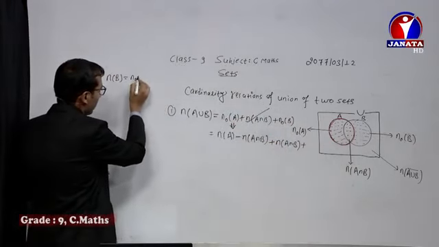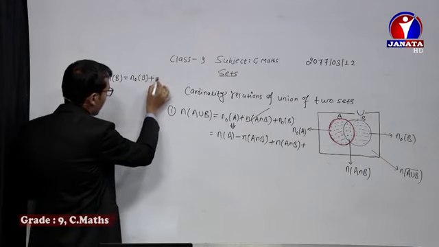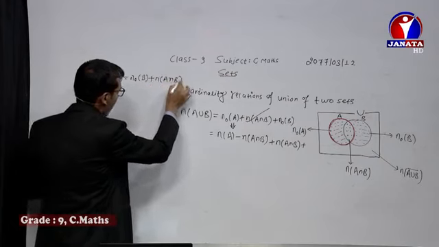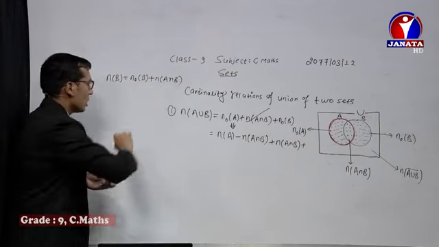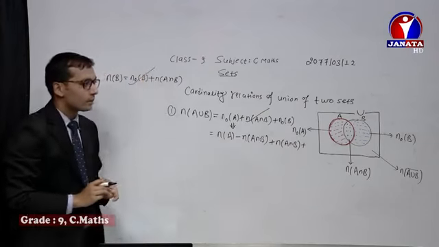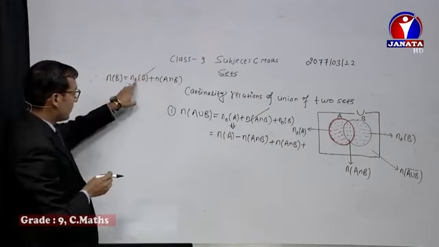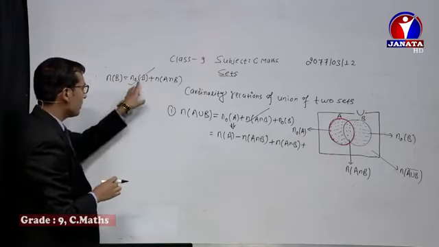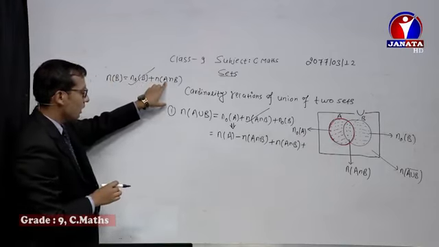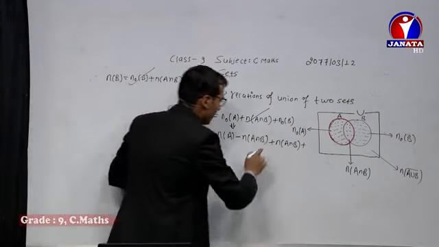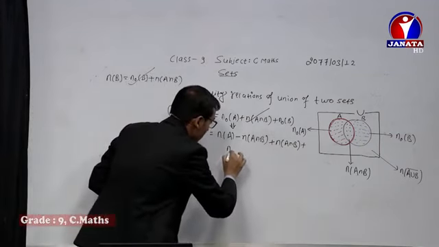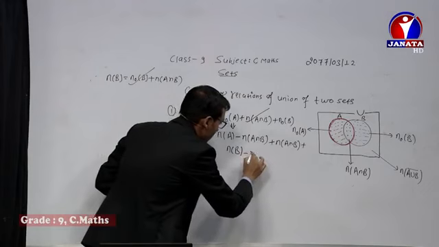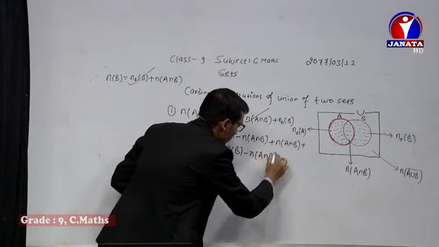So n only B plus n of A intersection B. But we are looking for n only B. So can we find n only B from this relation? n only B is n of B minus the intersection. n only B is n of B minus n of A intersection B.